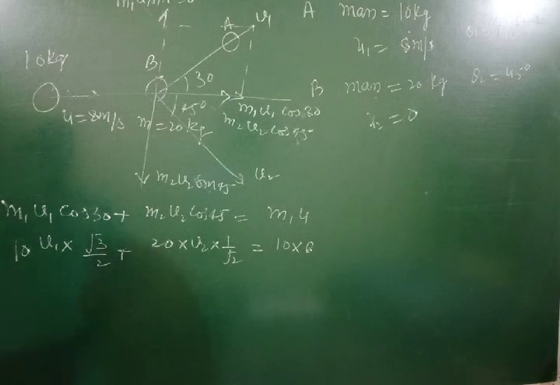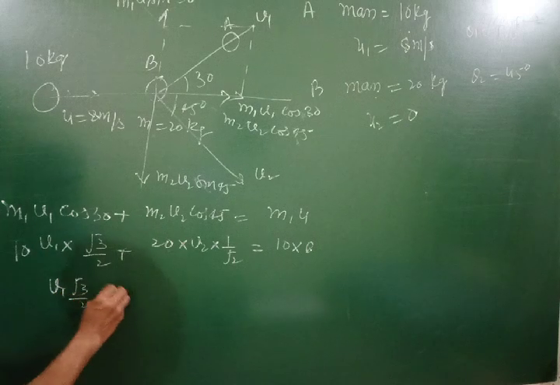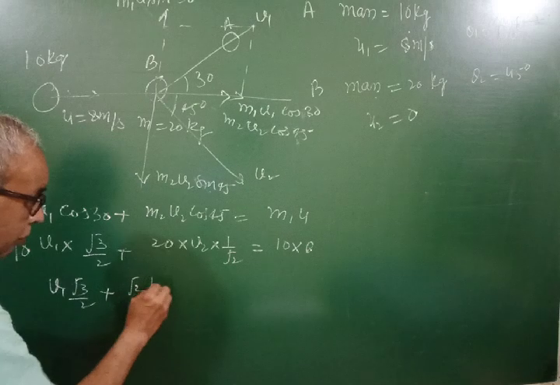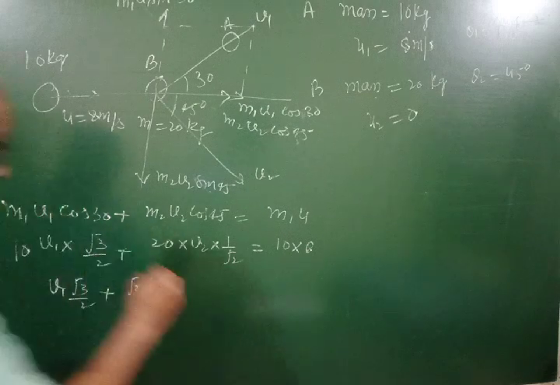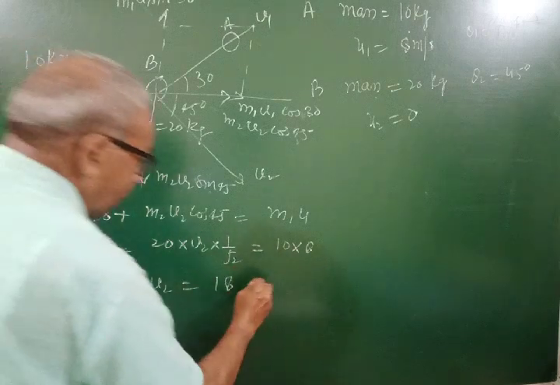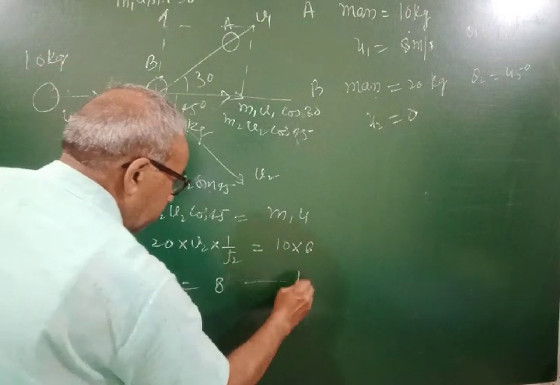Simply you can write this as V1 root 3/2 plus 2 root 2 V2 equal to 8. I divided by 10. This is equation 1.